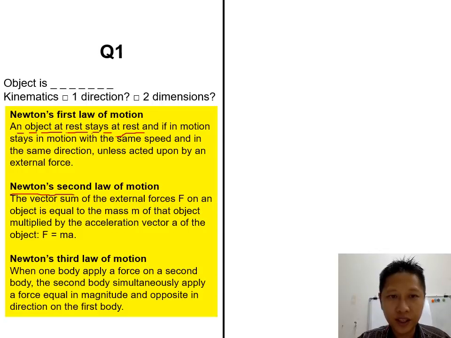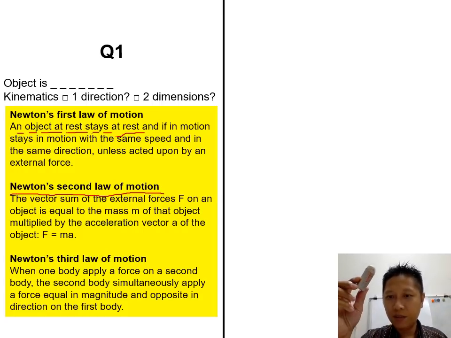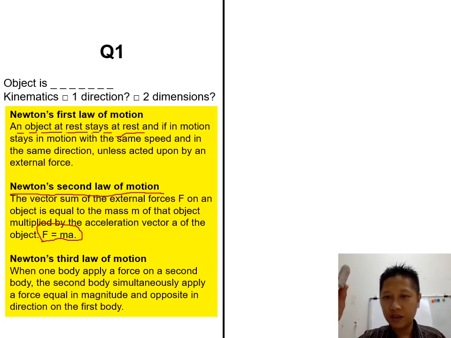Newton's second law of motion is to make it into a calculable condition. It means that if you want to know the force making the rubber, this one, move just now, we can use the formula here. F equals ma.